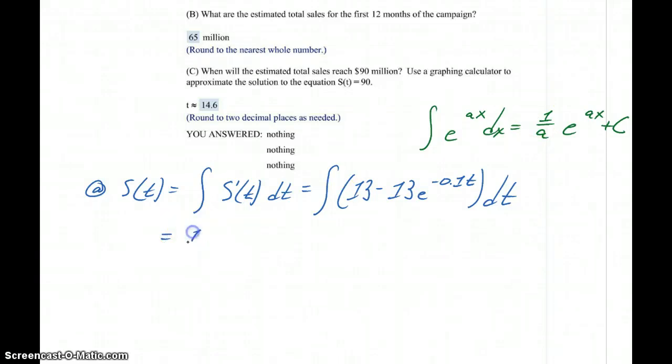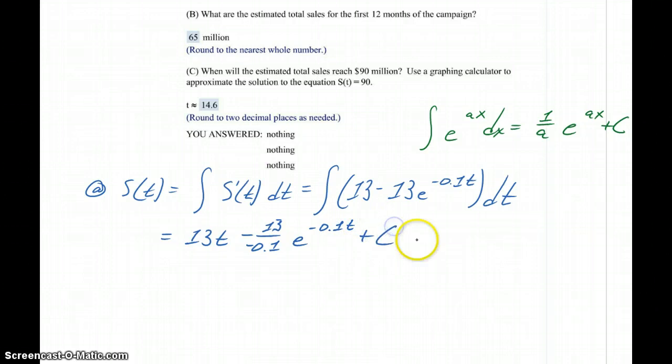So our integral here will be 13t plus 13 over 0.1. I'm sorry, that should be minus 13 over negative 0.1 e to the negative 0.1t plus some constant c, or if we just simplify here, minus a negative becomes plus 13 over 0.1 e to the negative 0.1t plus some constant c.